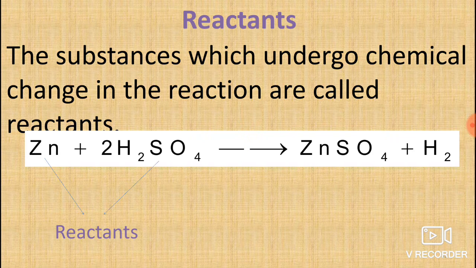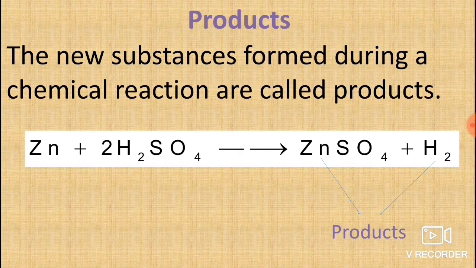When these two react, we get a new substance on the right hand side, that is zinc sulfate, ZnSO4, and it evolves hydrogen gas. So the substances present on the left hand side of the chemical equation are called reactants.